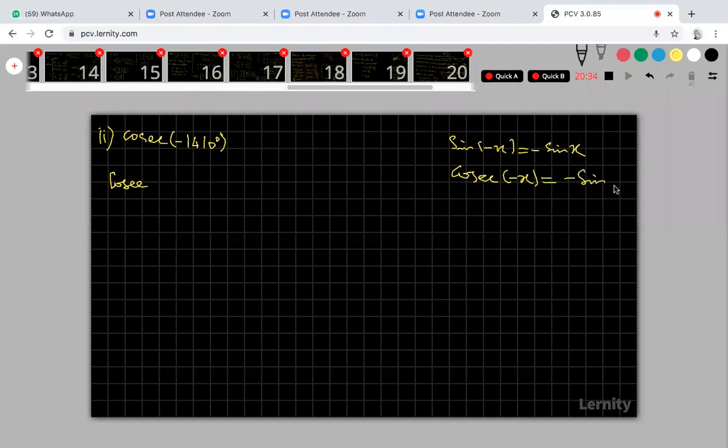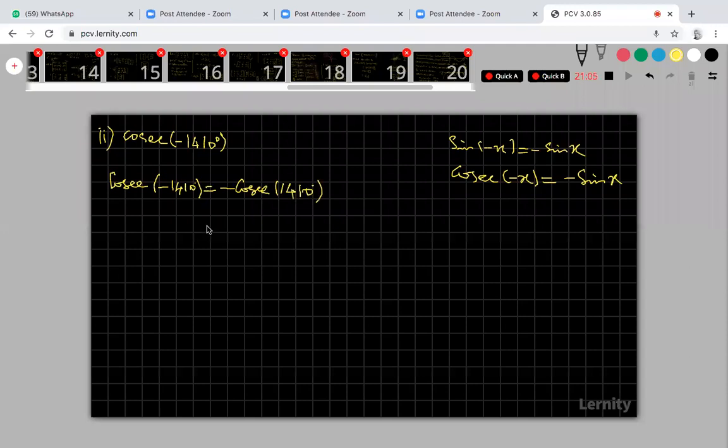The sign is not changed; we only take the reciprocal. The same can be discussed for all other trigonometric functions. So cosecant of minus 1410 can be written as minus cosecant of 1410.